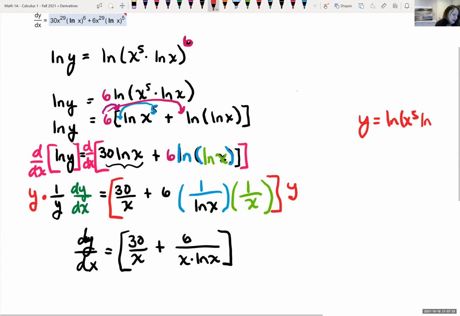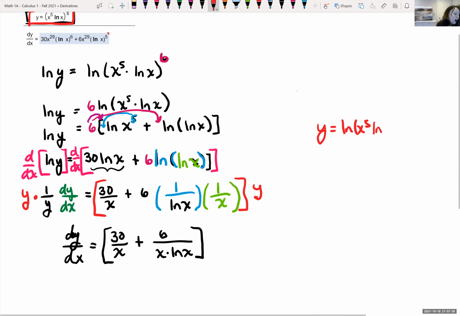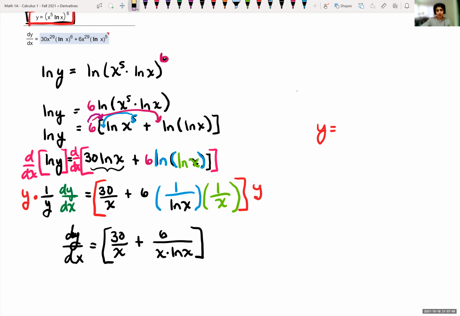Wait a minute, no, it wasn't. At the beginning, I had taken the natural log of both sides. Y at the beginning was x to the 5th natural log of x raised to the 6th. So when I put this y here, I'm just going to write it like that.